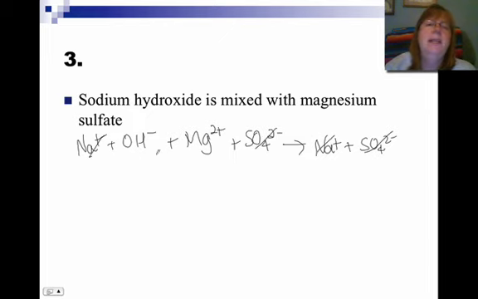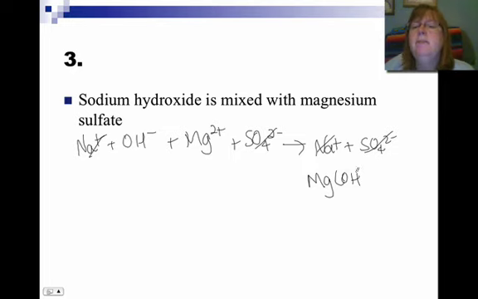Now, what about when the magnesium bumps into the hydroxide? Does that precipitate? In this case, magnesium hydroxide indeed does precipitate. Most hydroxides are insoluble except for barium, strontium, and calcium.